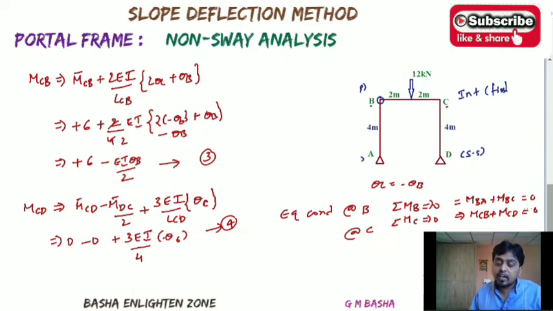So after simplifying, there will be two unknowns in the form of theta B and theta C. Simplify those two equations, then substitute those two slope values in the entire four equations. You will get every final moment individually.